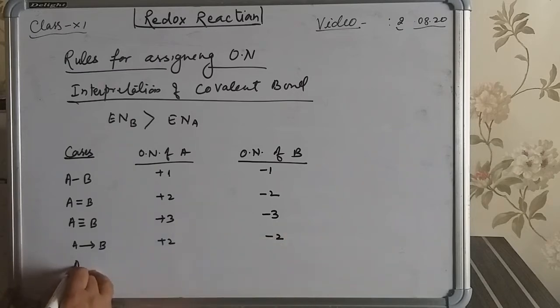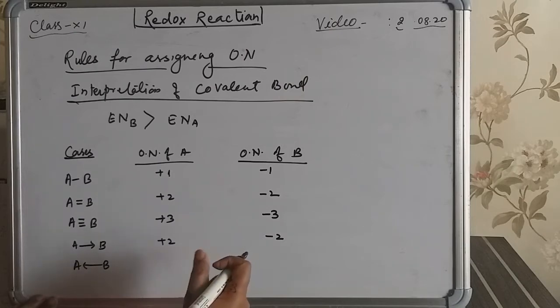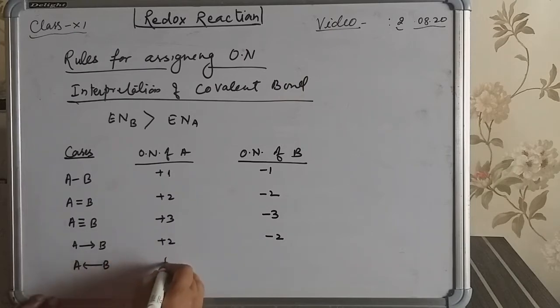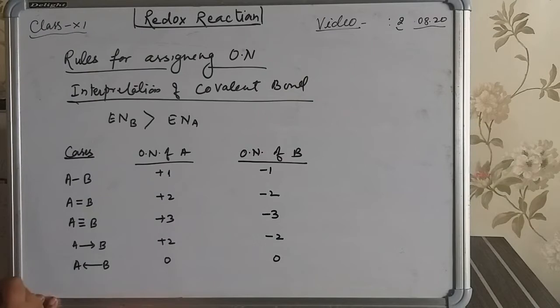But what happens if in AB, B donates the electrons by making the dative coordinate covalent bond? In that condition, as we know, B is more electronegative than A. So whenever B donates 2 electrons to A, being electronegative, it pulls the electrons towards itself. In that condition, both the species acquire 0 charge, because B does not gain and does not lose.